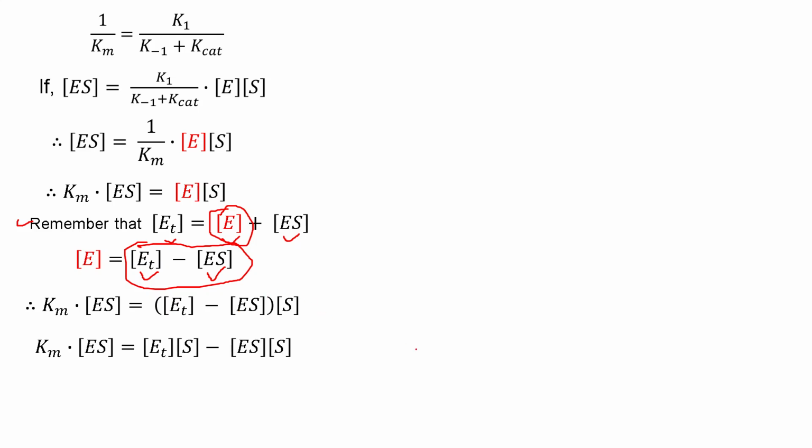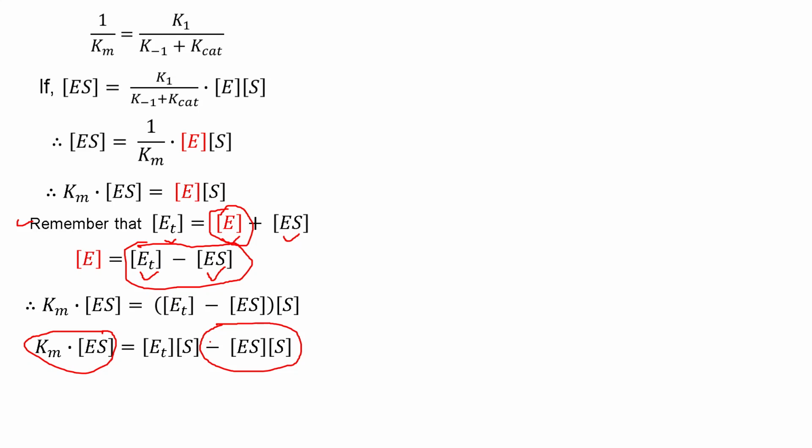And when you open the bracket, you're having Km multiplied by ES is equal to ET multiplied by S minus ES multiplied by S. So the next thing you do is you collect like terms. There is ES here, and there is also ES here.